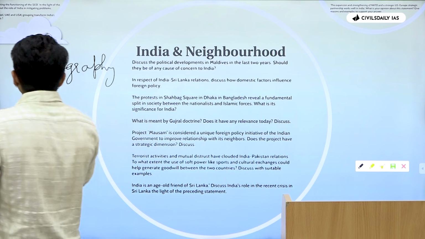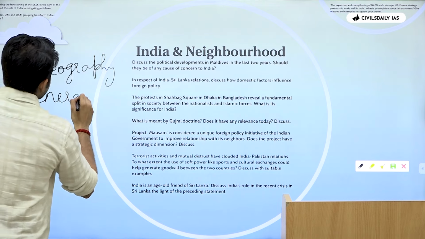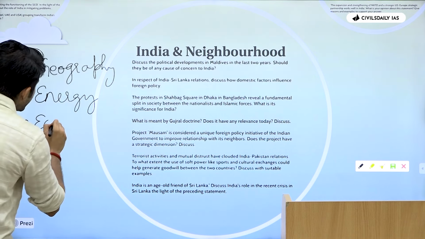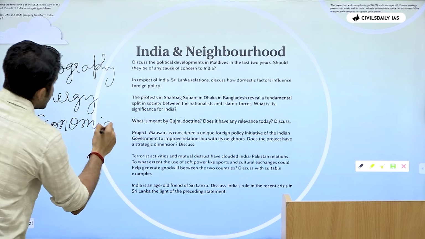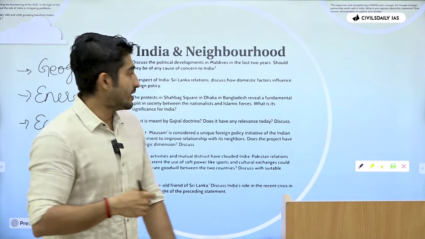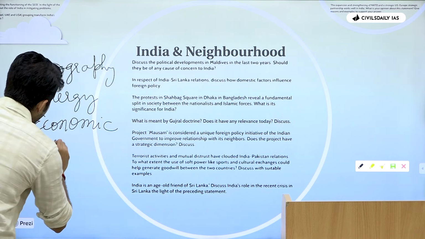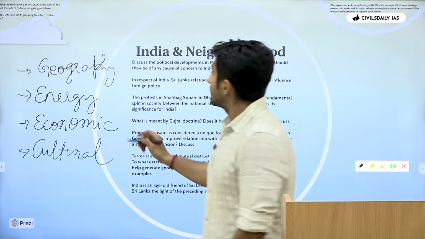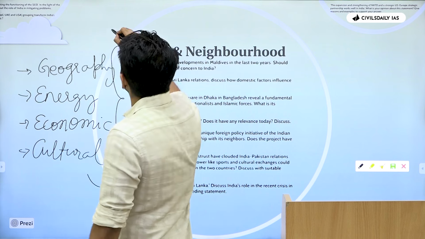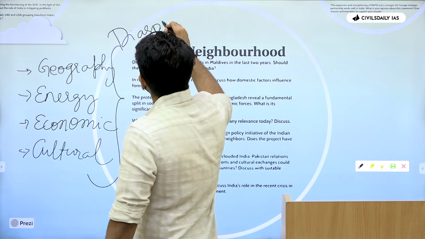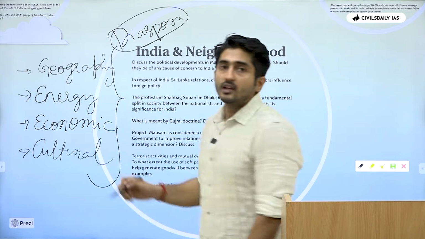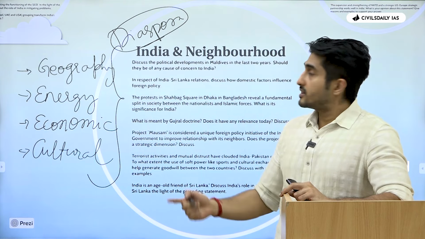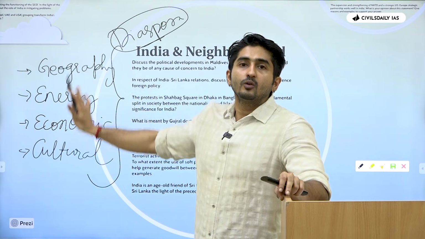Now, once you know about the geography, its energy relations with India, then move into the economic relations of that country with India, and then dive into the cultural relations of that particular country with India. Along with it, know about the Indian diaspora in that particular foreign country. When you are studying India's relation with any particular separate nation, follow this particular approach.